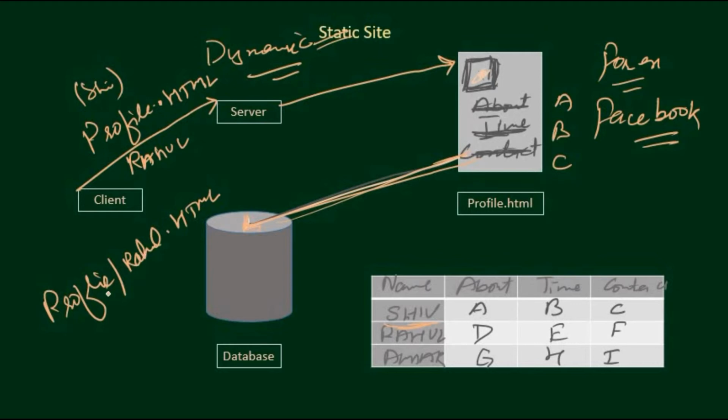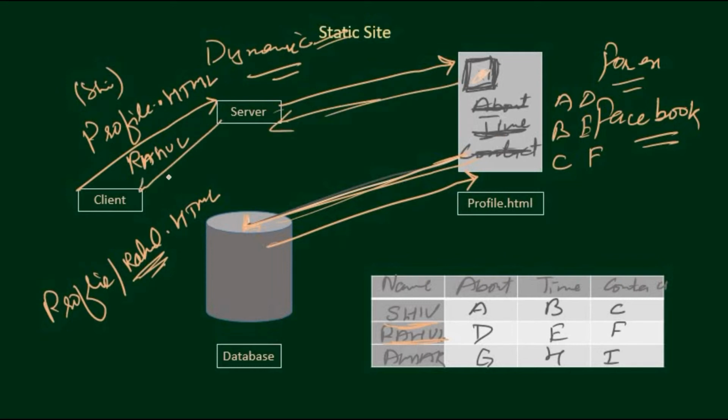It looks in the database for the information of Rahul and gets it updated here, and the pic also gets updated accordingly. The page loads, the information goes from the database to here, the page generates, and the server responds with profile.html.